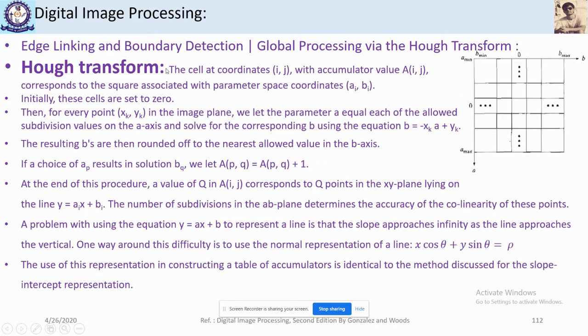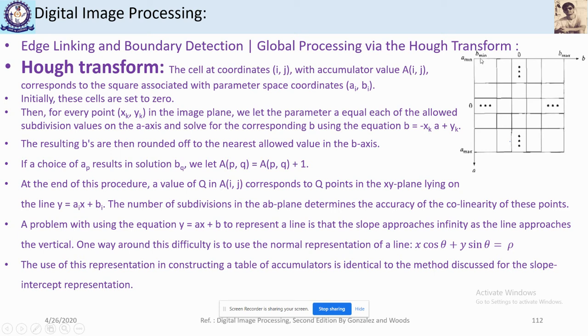What will that value be? Let's discuss. The cell at coordinate ij with accumulator value aij corresponds to a square associated with parameter space coordinates ai and bj.